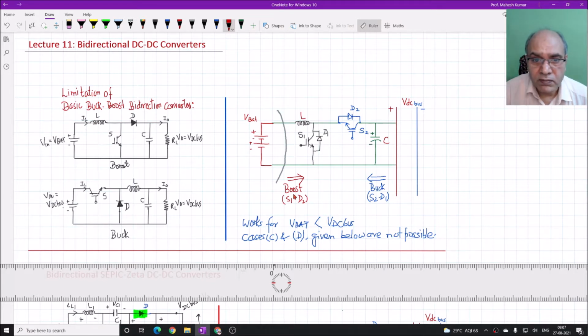But if we look from the battery side with the switch combination of S1 and D2, then it is a boost converter. At a time we use the pair either S1 D2 or S2 D1. I have discussed this configuration in the previous class also.